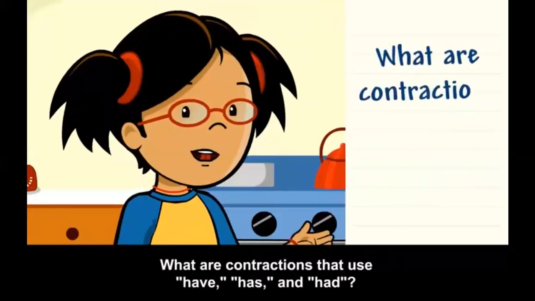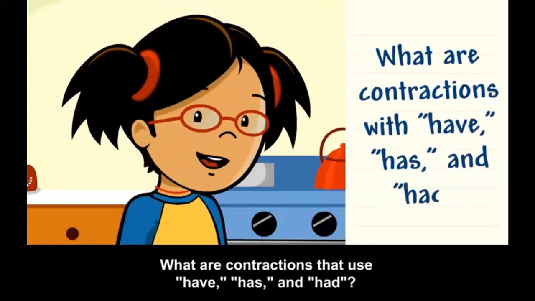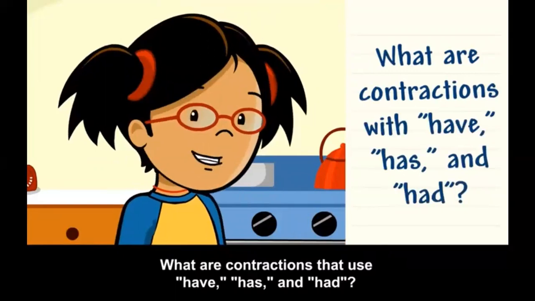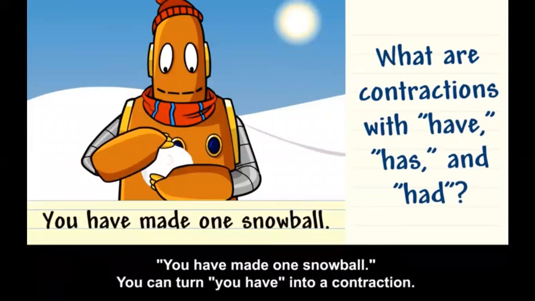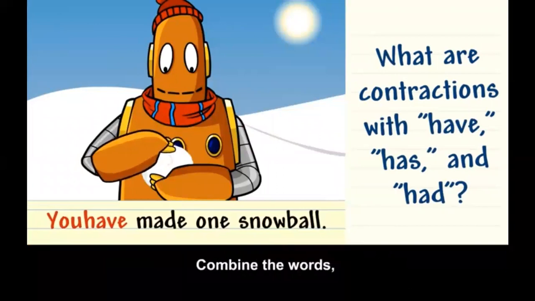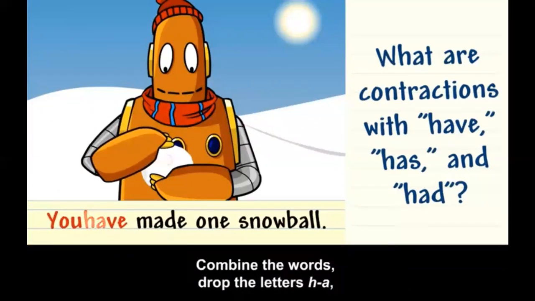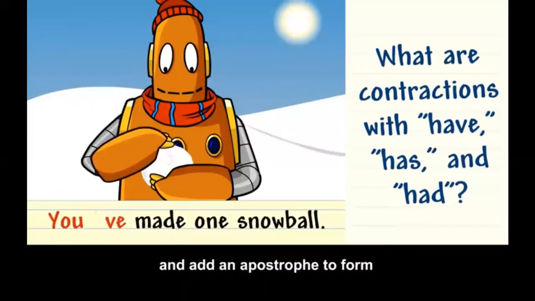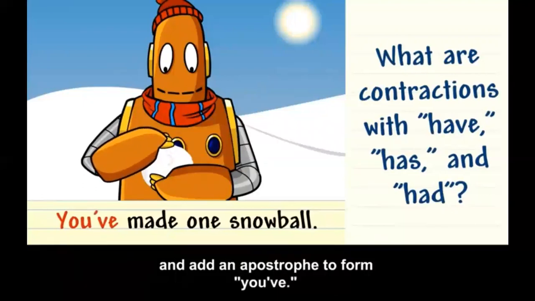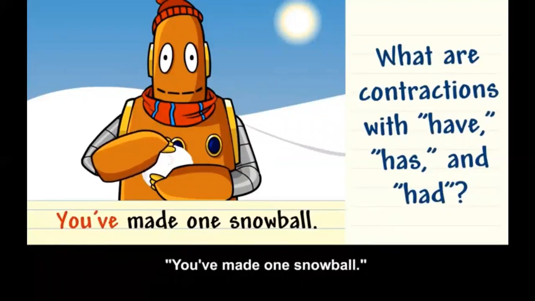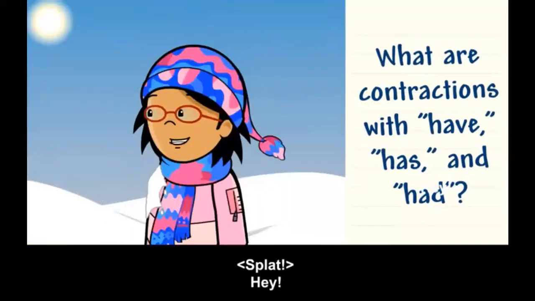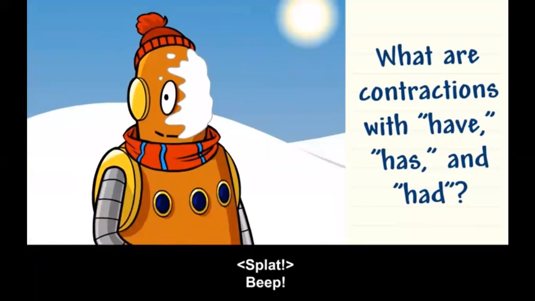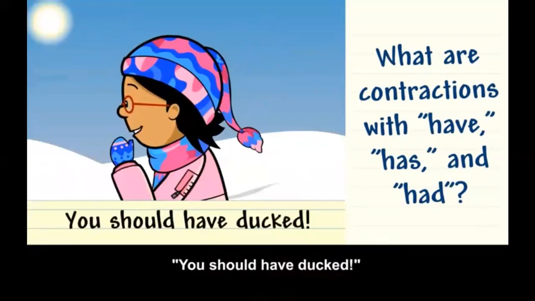What are contractions that use have, has, and had? You have made one snowball. You can turn you have into a contraction. Combine the words, drop the letters H-A, and add an apostrophe to form you've. You've made one snowball. Hey. You should have ducked.